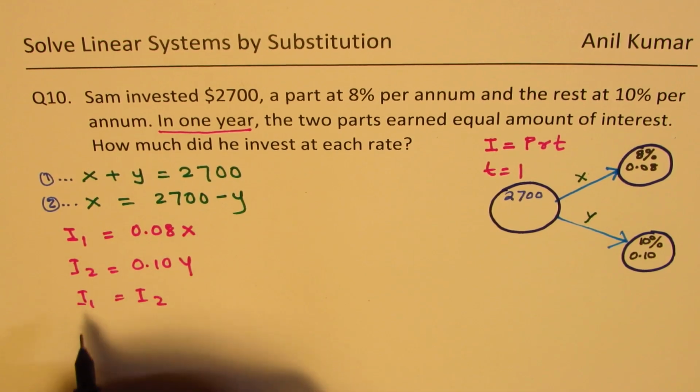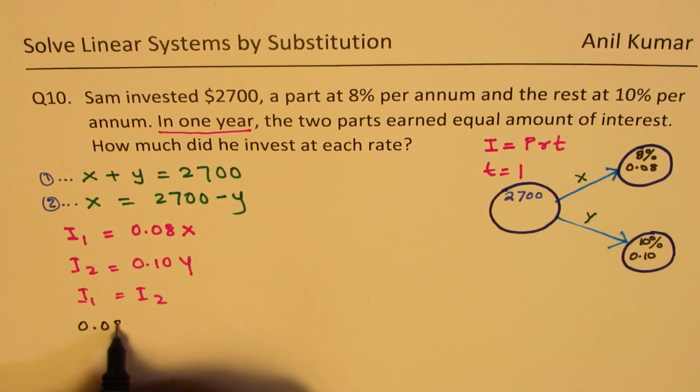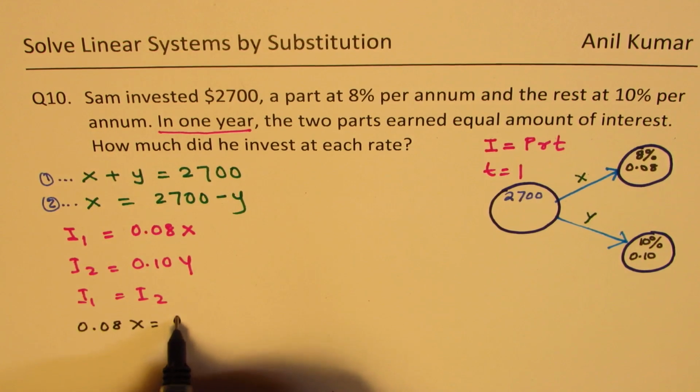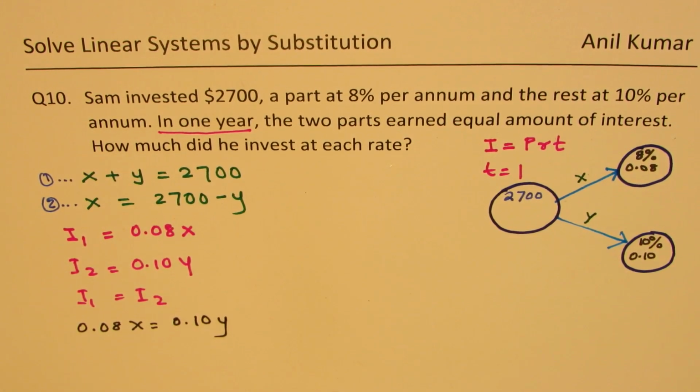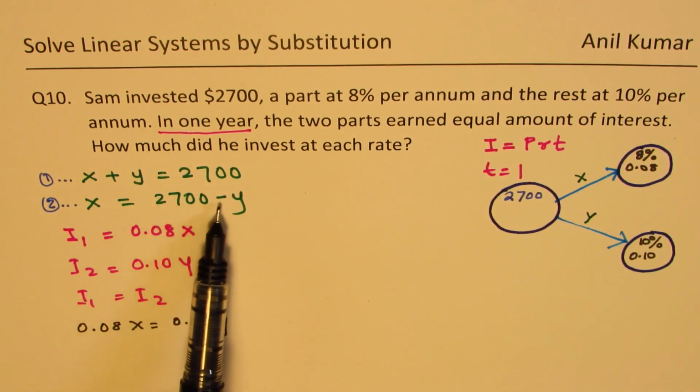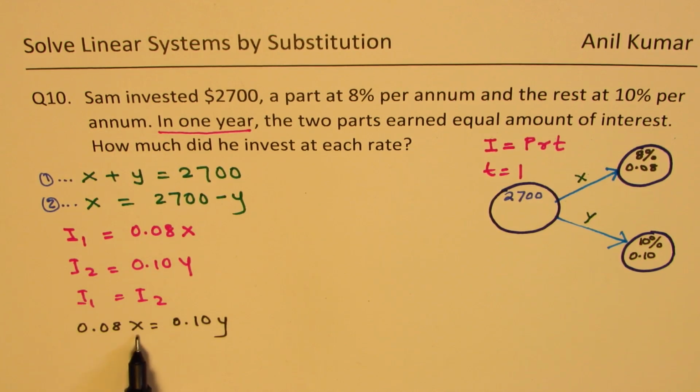So we can equate this and say 0.08x equals 0.10y. Clear? So that should help us to solve this particular question. Now, since we know x is 2700 minus y, we can eliminate x by substituting the value.